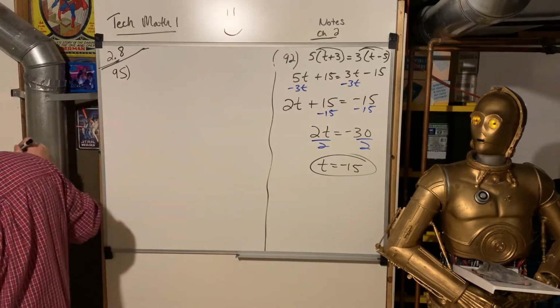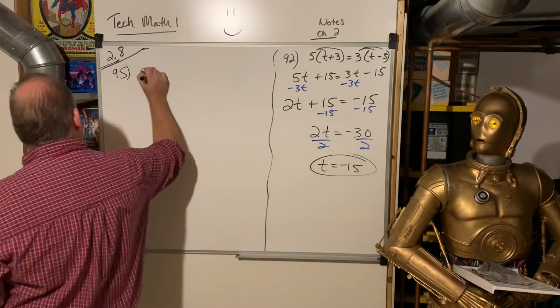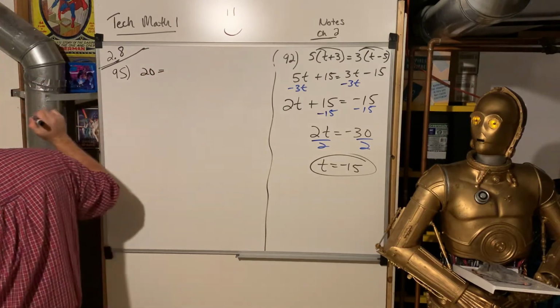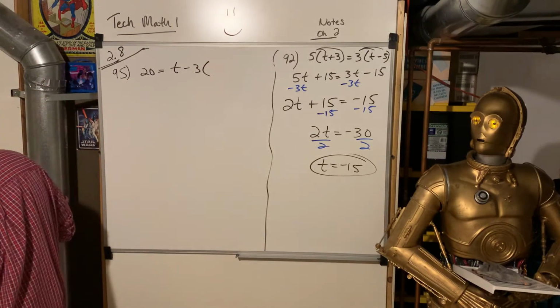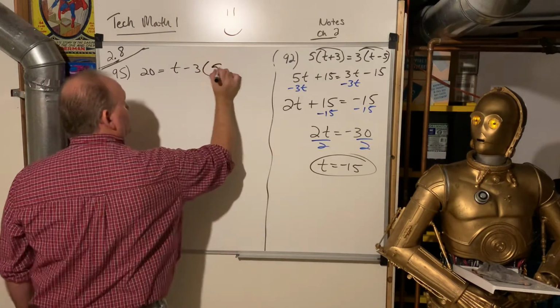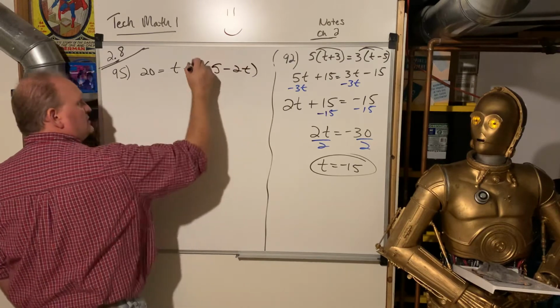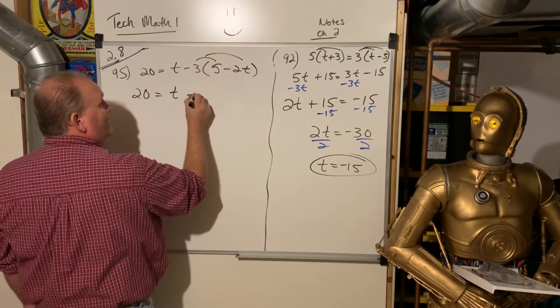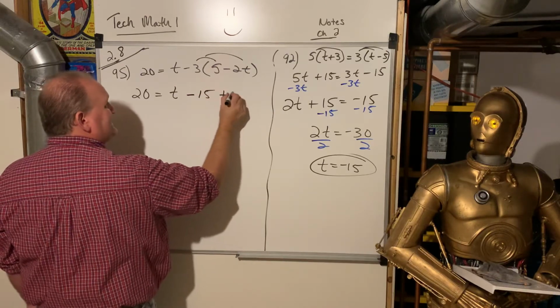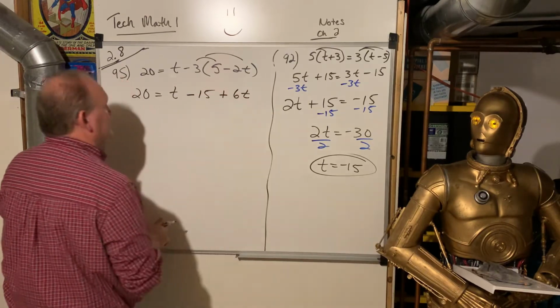It's on page 84, and we're looking at 20 is equal to t minus 3 times quantity 5 minus 2t. So first things first, do the distributive property. So we have 20 is equal to t minus 15 plus 6t.